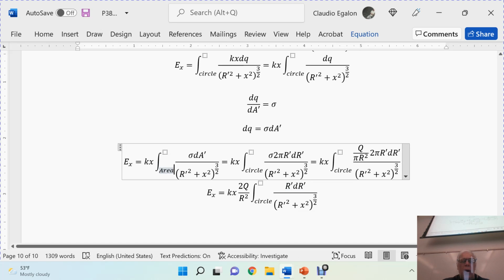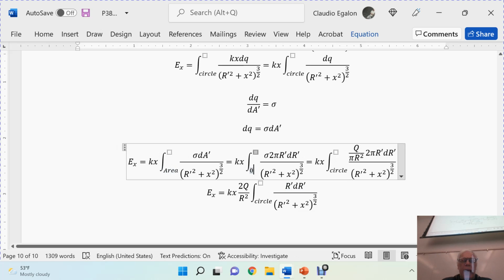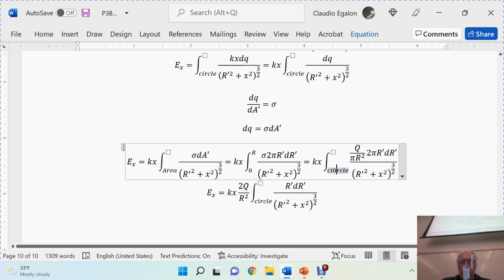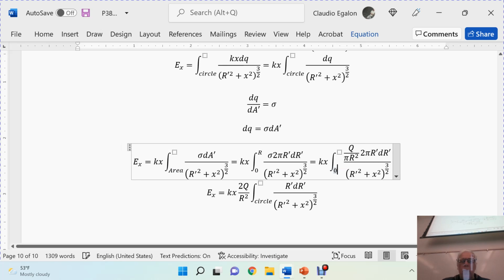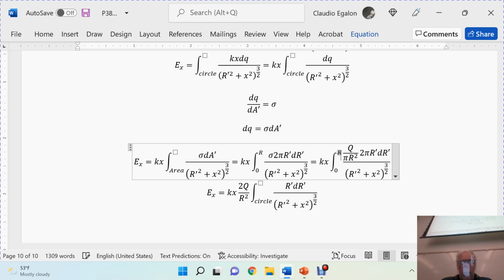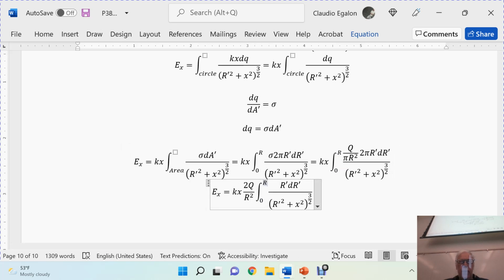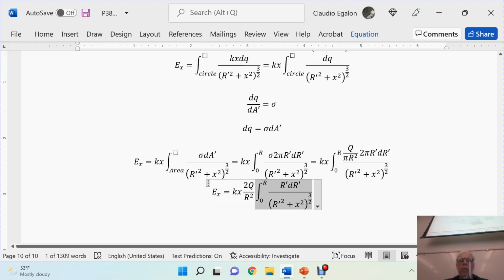When I change it to r prime, we're going to integrate from 0 to big R. Integrating it from 0 to big R. This integral, you know how to solve, right? You know how to solve this integral.